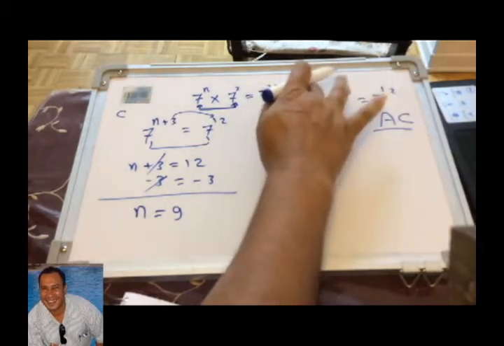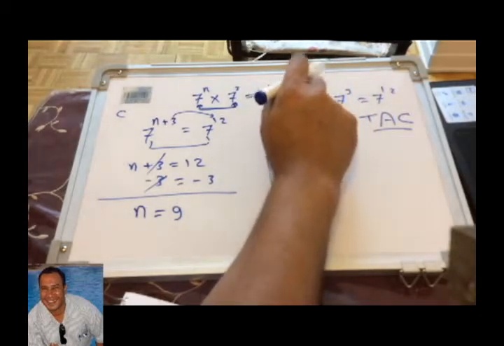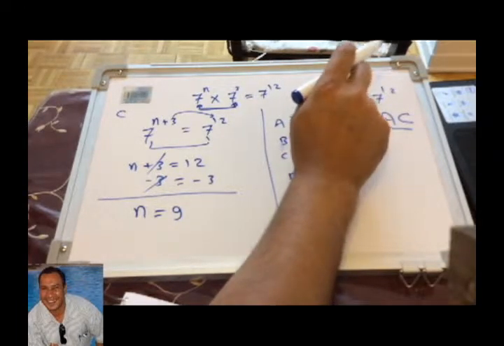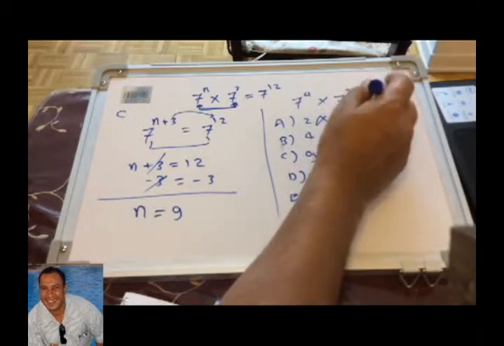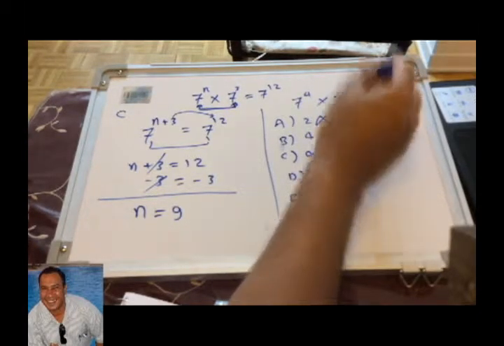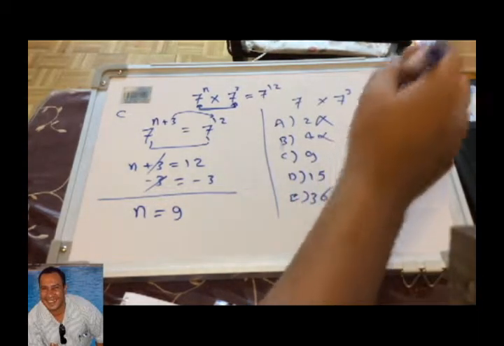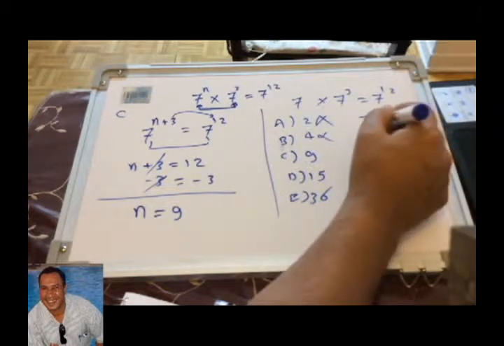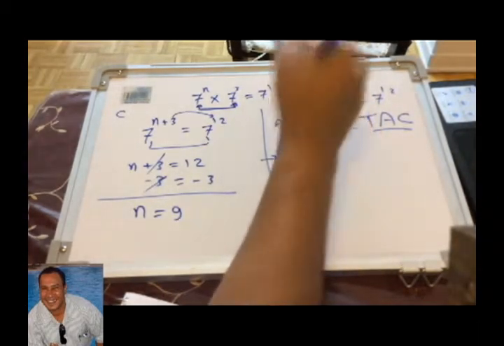If we put n equals 4, 7 to the power 4 multiplied by 7 to the power 3 equals 7 to the power 7. It's not equal to 7 to the power 12. This is wrong.